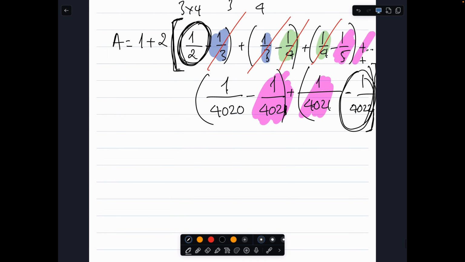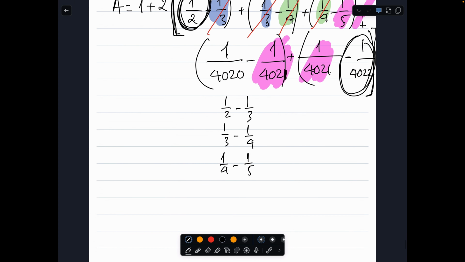Okay, if you still not clear, you can write this way. 1 over 3, this is the first, and then the next is, and then the next is, and then the next is. You can stop here, and then you sum them up.